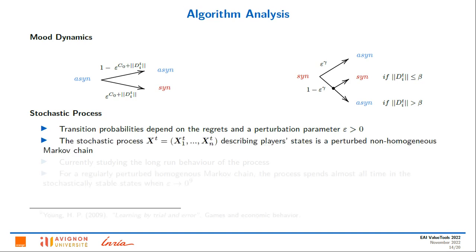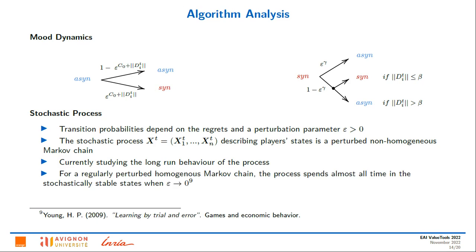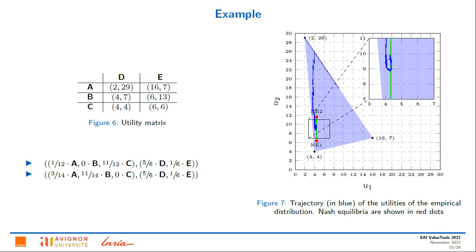What we show is that the stochastic process induced by this learning dynamic is a perturbed Markov chain, and we are still working on the proof of convergence and the long run behavior of the chain. The motivation is that for perturbed homogeneous Markov chains, the process converges towards stochastically stable states as the perturbation term tends to zero.